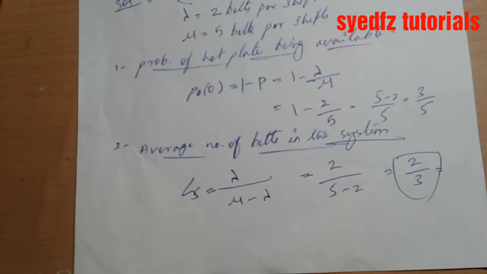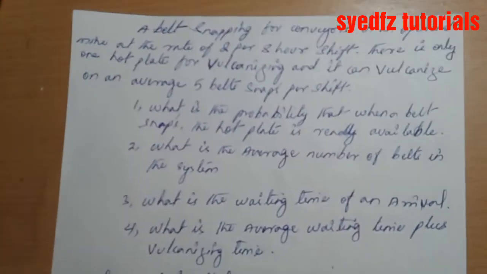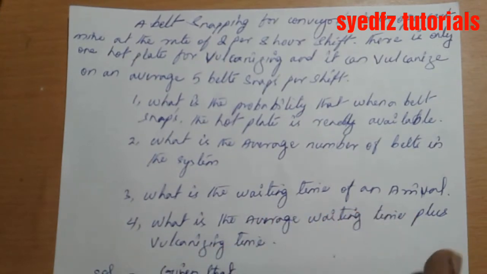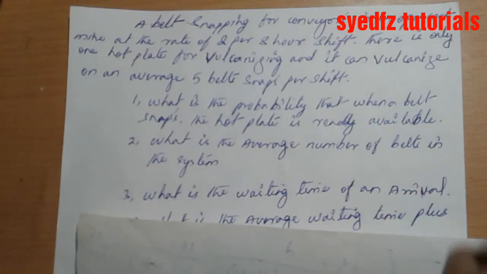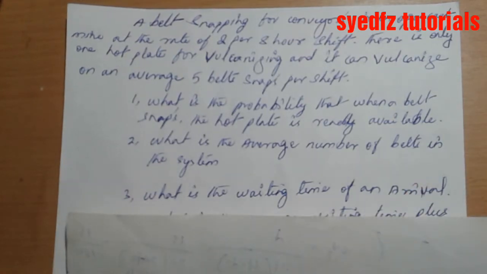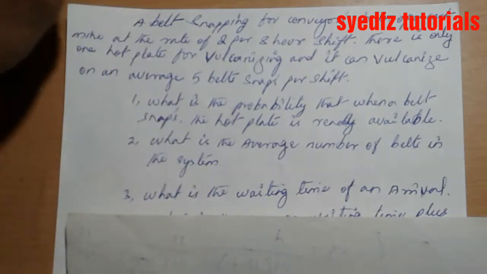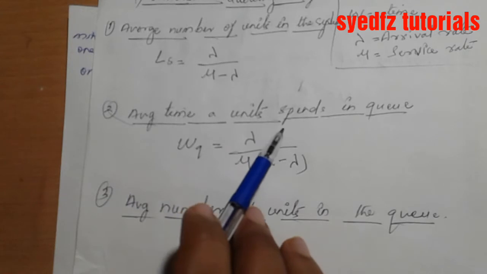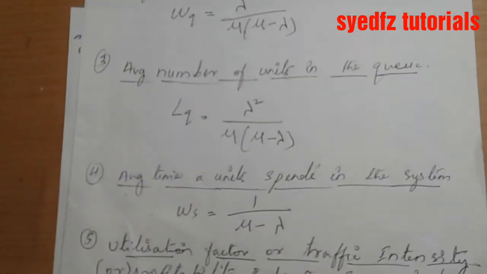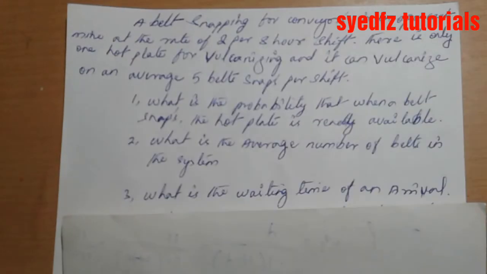Third, what is the waiting time of an arrival? We have two formulas: the average time a unit spends in the queue, or the average time a unit spends in the system. The system one is not suitable, because an arrival means he is waiting in the queue.